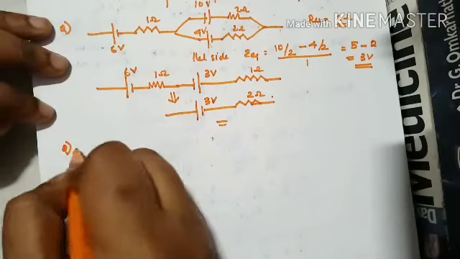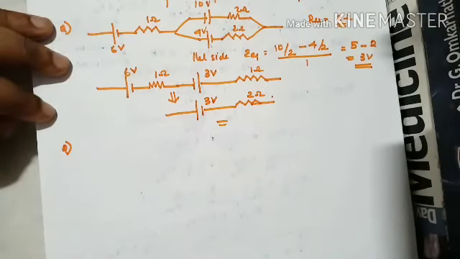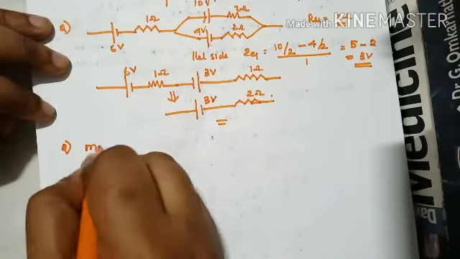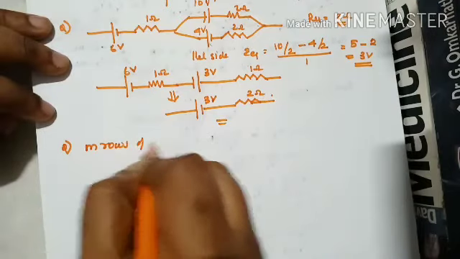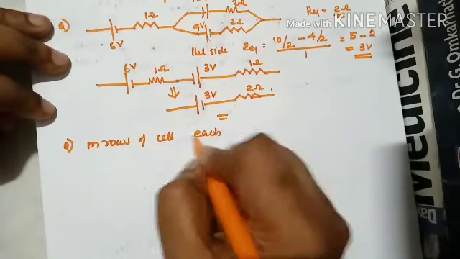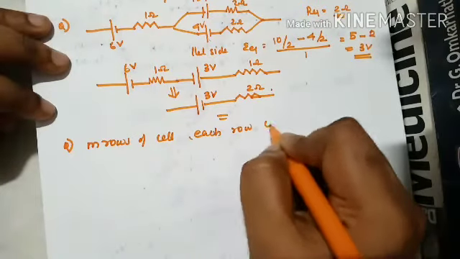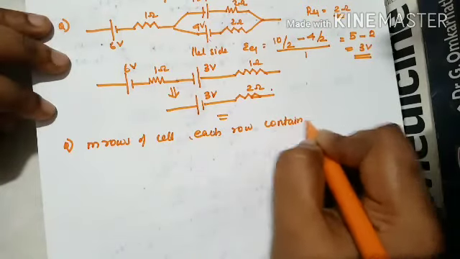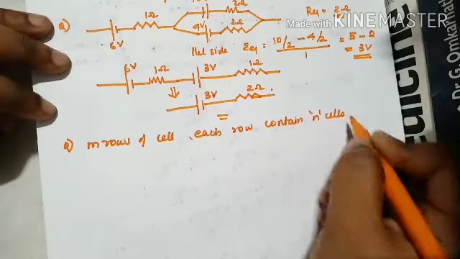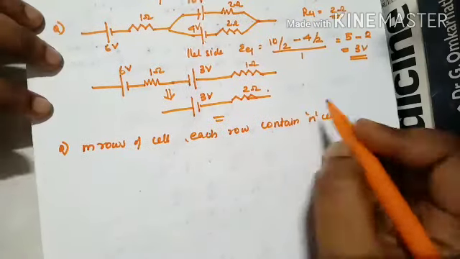So the question is, M rows of cells. Each row contains n cells. Same as the earlier series, I did a question like this.